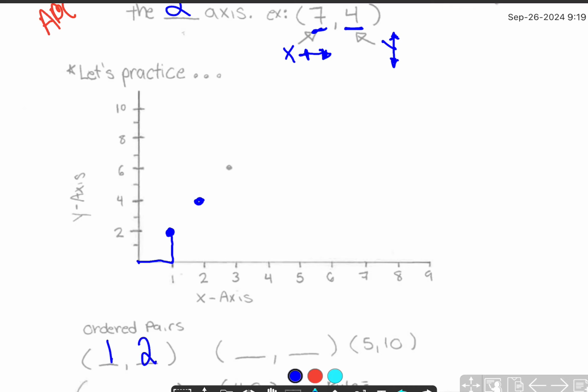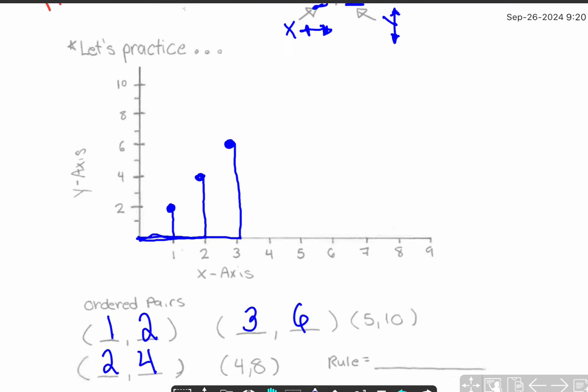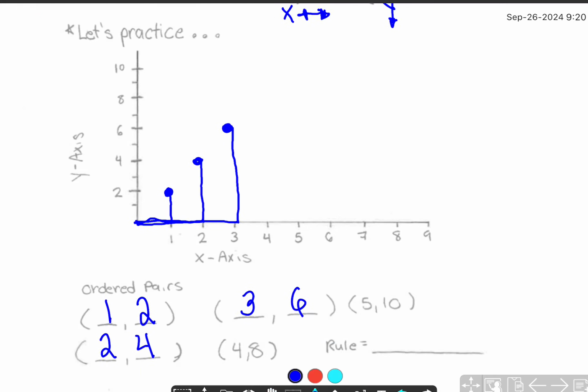This next point is farther over and farther up, at 2 on the x-axis and 4 on the y-axis. The last point we have goes over 3 and up 6, so it's at (3, 6). Down here we have two more points to plot, (4, 8) and (5, 10).